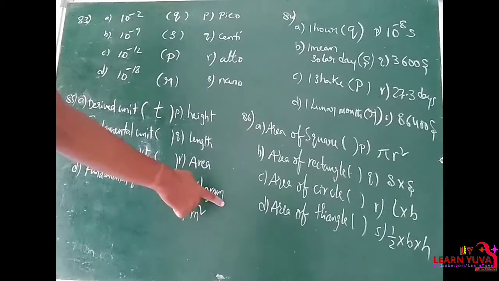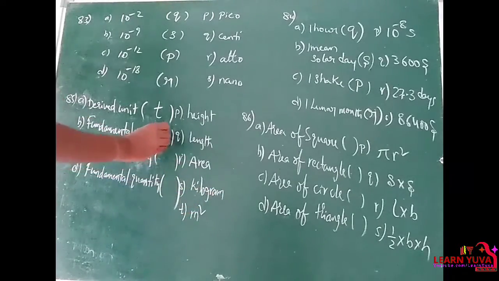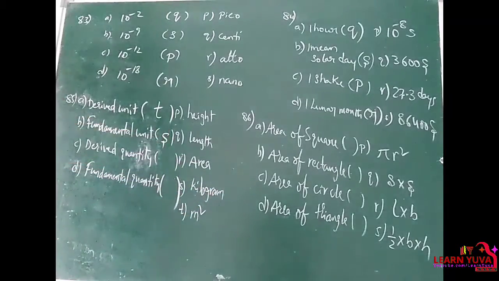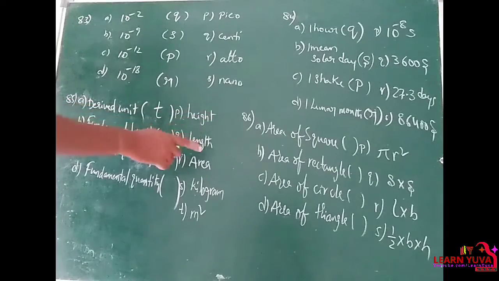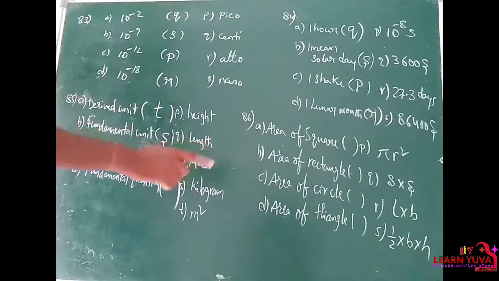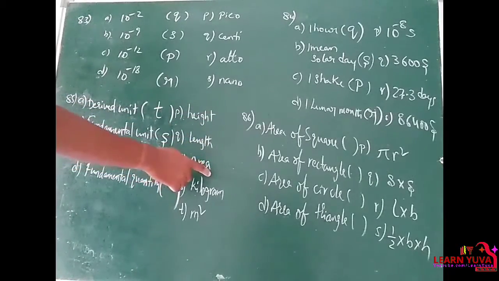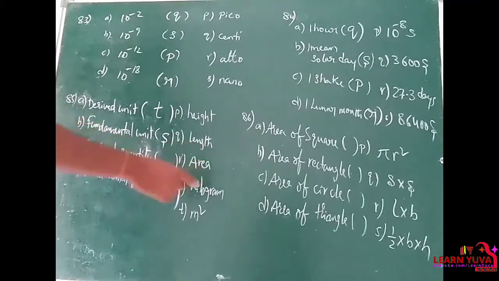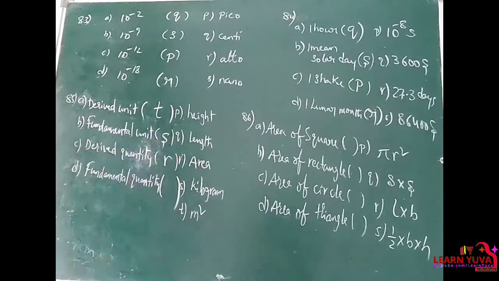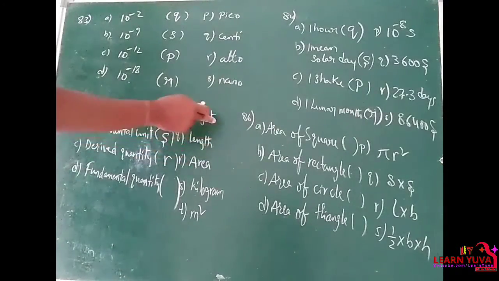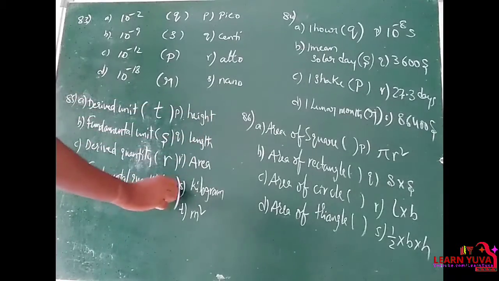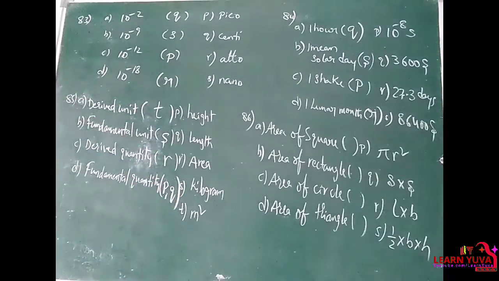It is the unit, fundamental unit. So yes, derived physical quantity, height is, unit is meter, so it is not derived. Length, meter, not derived. Area, it is length into breadth, so 2 times, so R. Fundamental quantities, length, height can be measured in meters, so PQ.